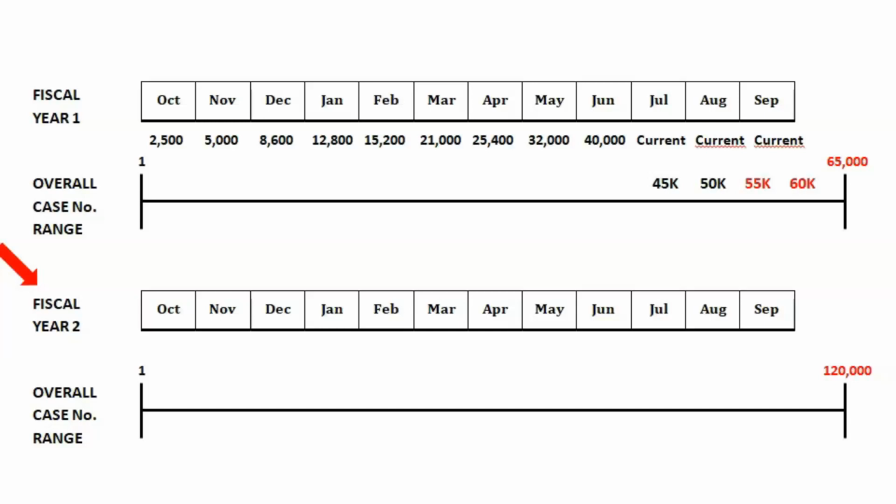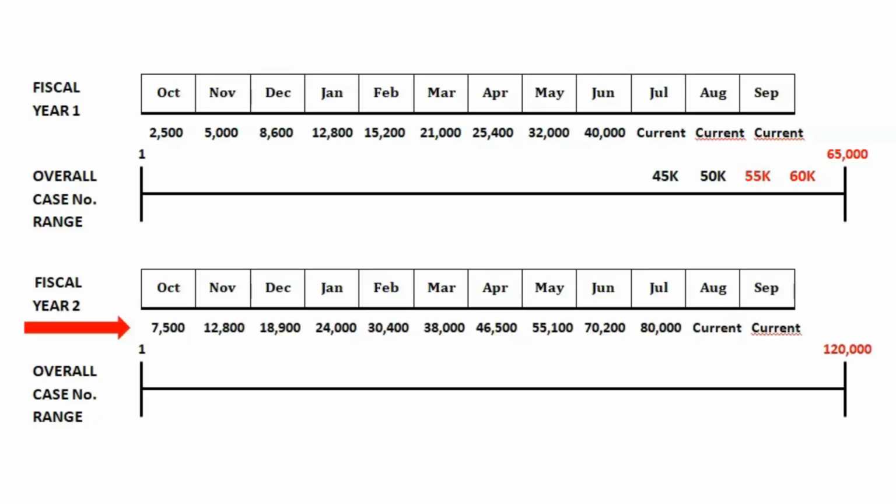So, in our second scenario, you could have the monthly visa bulletin cutoff numbers established as shown. 7,500 instead of 2,500 for the month of October, for example. 12,800 instead of 5,000 for the month of November, for example. 18,900 instead of 8,600 for the month of December, for example. 24,000 instead of 12,800 for the month of January, for example. 80,000 for the month of July, and then during the 2 final months of the fiscal year, that region could go current.